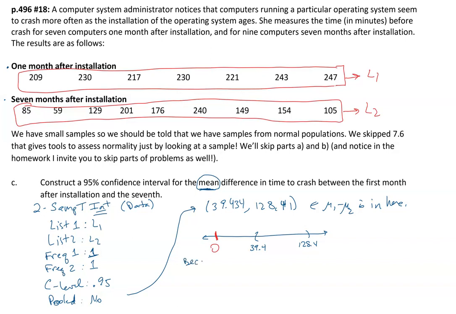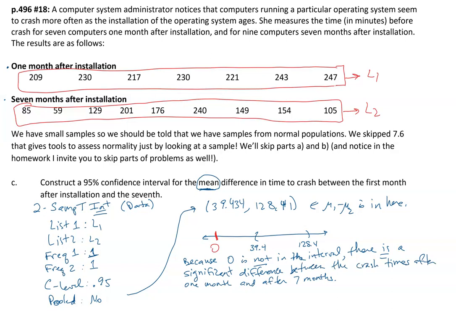So let me say this a little bit differently than my previous example, because 0 is not in the interval. There is a significant difference, I'll write it out, between the crash times.